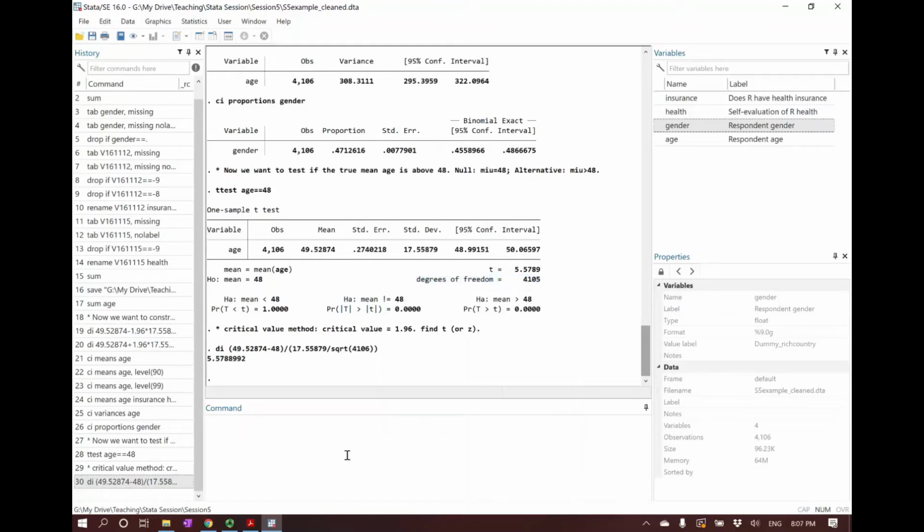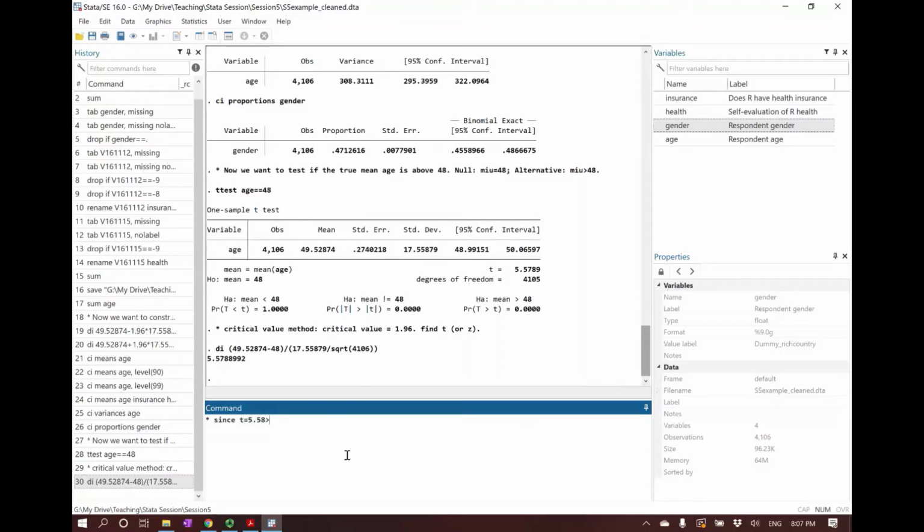Okay, so according to the traditional method, since the t statistic is 5.58, greater than 1.96, being the critical value, we reject h naught at 5% significance level.